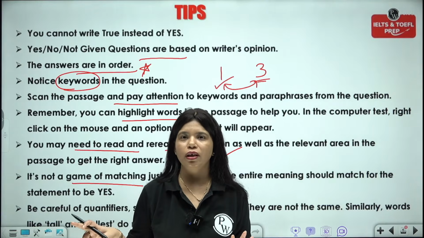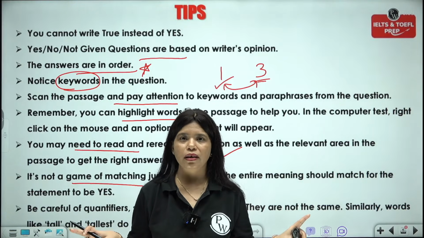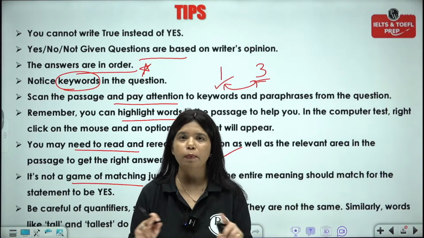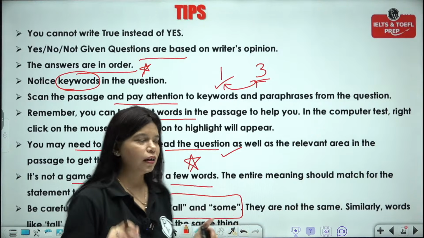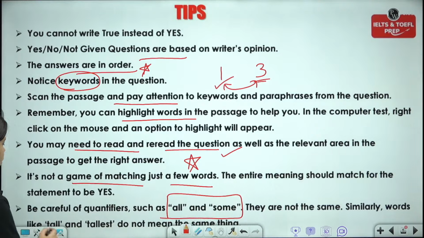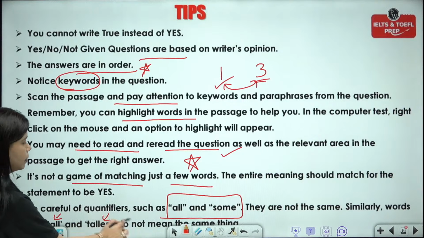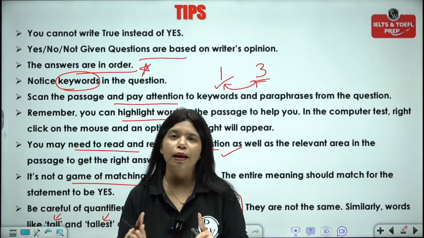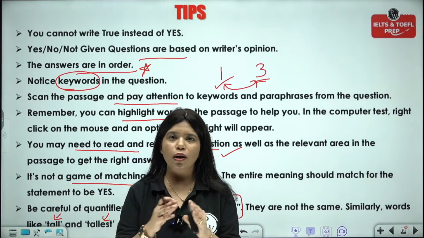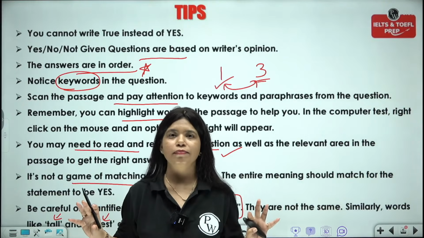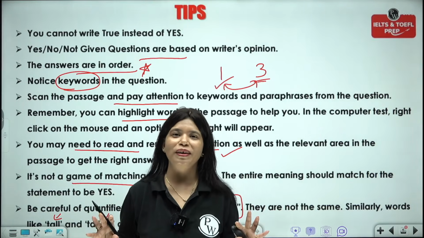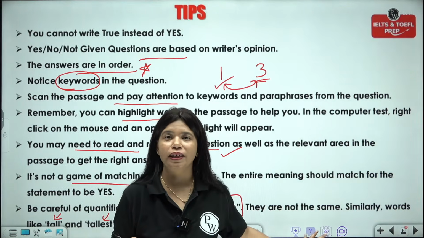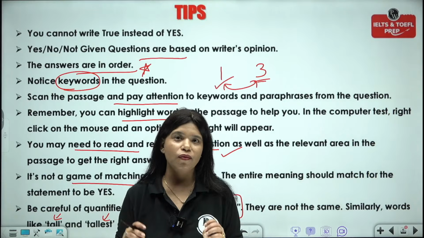If the question says all books, but the text says some books, it means they are not matching. Similarly, words like tall, taller, tallest are not one and the same thing. These three are not the same. They are different. And the games are played using such things. So be very careful, okay?